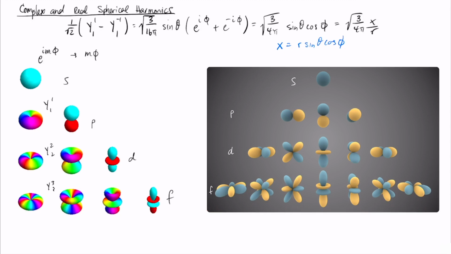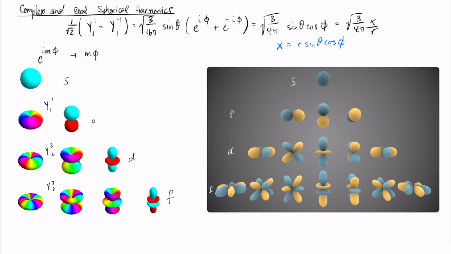One extra point I'd like to make about the real spherical harmonics, in contrast to the normal spherical harmonics, is that the real spherical harmonics are no longer eigenfunctions of Lz. What you've done here is take a linear combination of two functions with different eigenvalues of Lz, so different m values. Because of that, the result over here is no longer an eigenfunction of Lz.